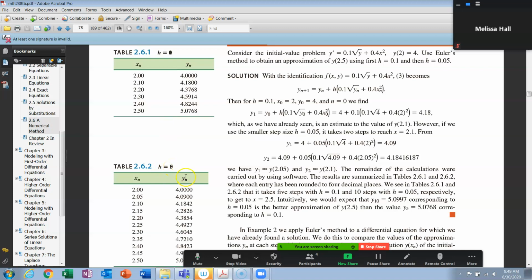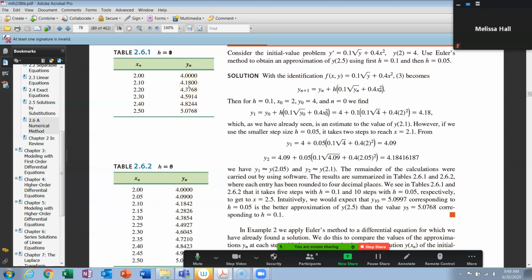Okay, and notice they start the same, but the ones to compare are this one, 2.1, to this 2.1, which took 2 steps to get here, 1 step up there. You got 1.1842, which is a little bit greater than what this one was.